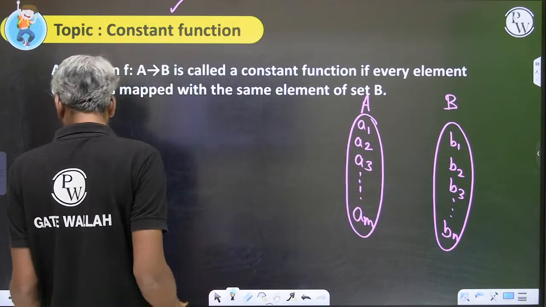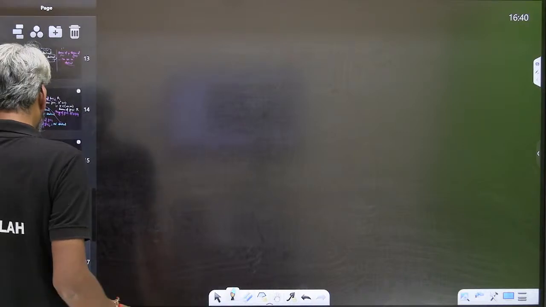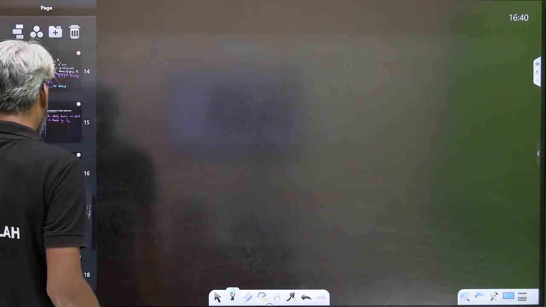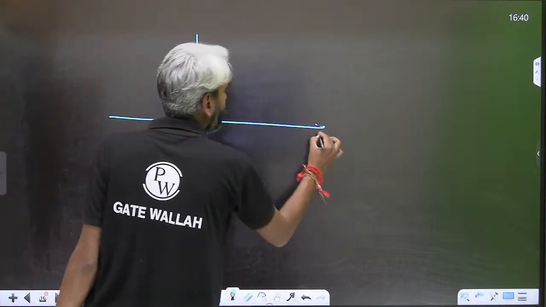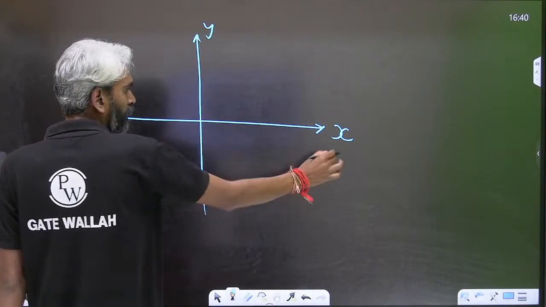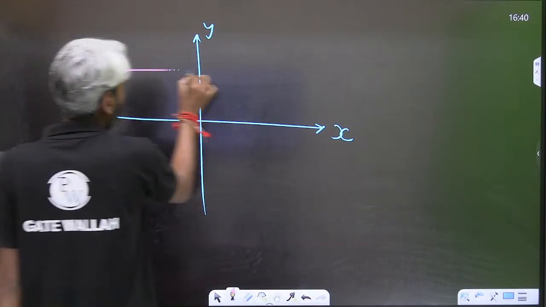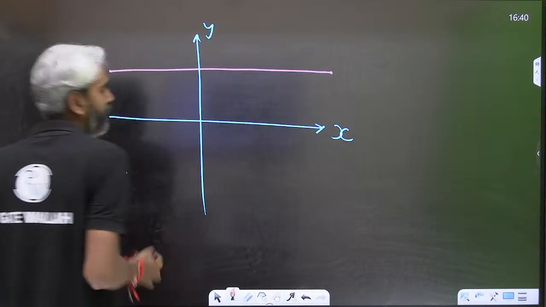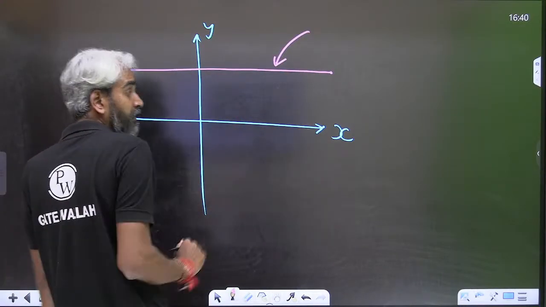If you look at a constant function, the graph will be like this. This is your x, your y. For all the values of x, the value of y should be fixed. It can be any value. It is a constant function whose value does not change as you change the value of x.